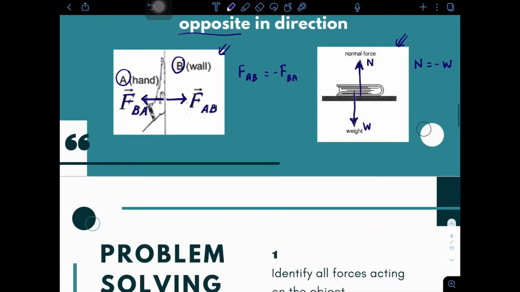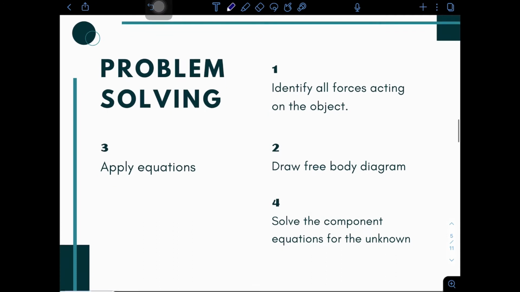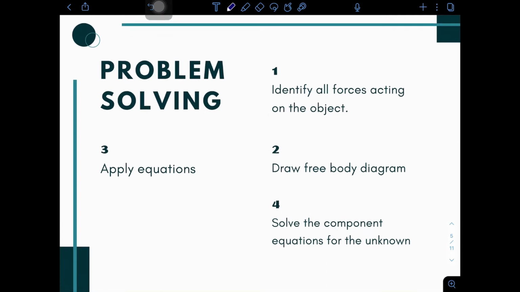Okay, so what we will be doing today is trying problem solving tips on dynamics problems. If we have a moving object, what do we need to do? First things first, you need to identify all the forces acting on the object for which you are trying to find the acceleration or any unknown. Second, you have to draw the free body diagram.